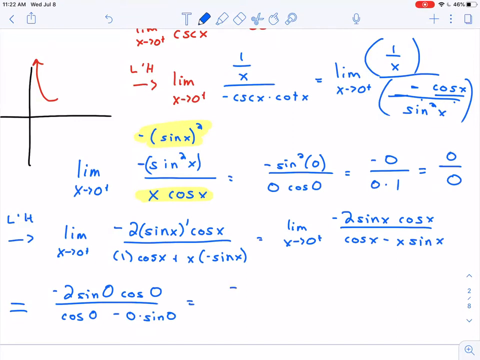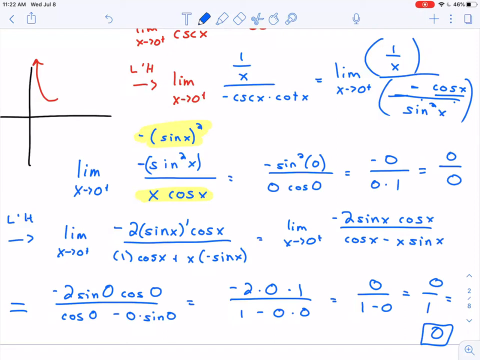So in my numerator, I'll have negative 2. Sine of 0 is 0. Cosine of 0 is 1. Cosine of 0 is 1 minus 0 times 0. So I end up with 0 divided by 1 minus 0. 0 divided by 1 gives me a final answer. Oh boy, not of 1. I almost messed up the last step. Of 0. 0 divided by 1 is simply just 0.